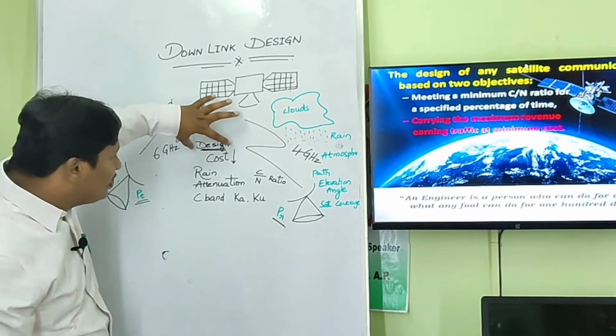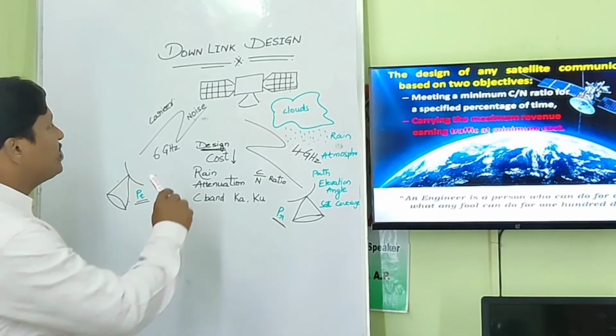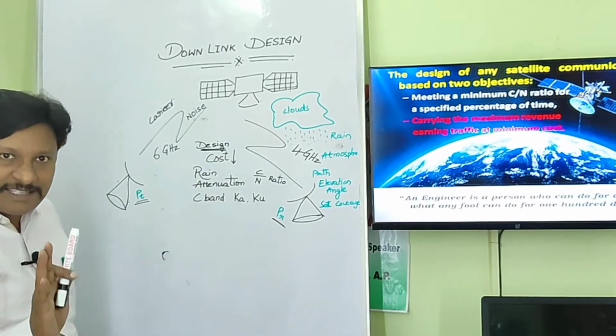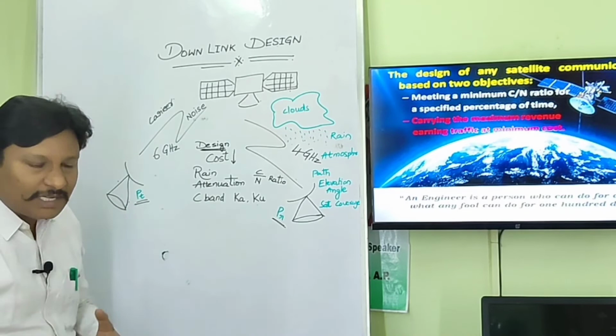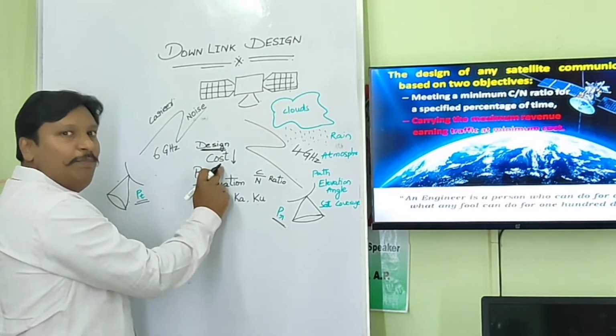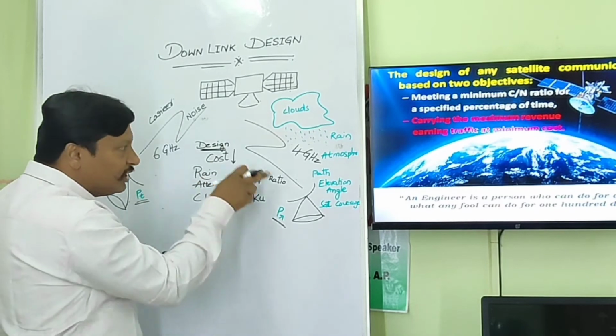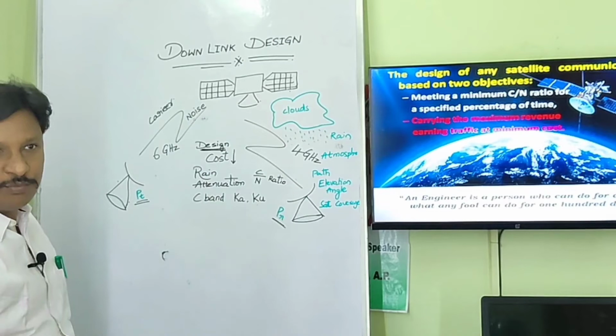So in order to design a satellite communication, very specifically the uplink and downlink design process, there are two main constraints. The first constraint is that the cost to design and implement the satellite communication, for the uplink as well as the downlink, should be as minimum as possible.